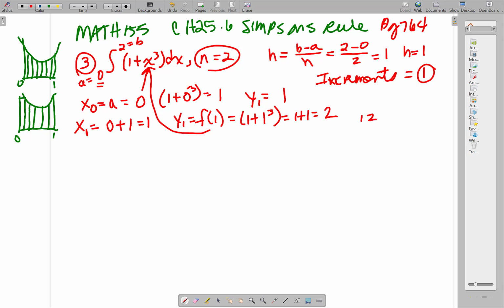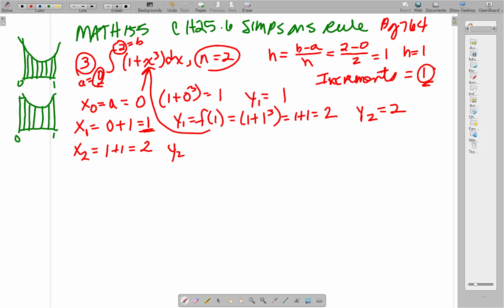Now what's our next x going to be? You always take what you had before and add the increment of 1: 1 plus 1, and we get 2. Notice that's our higher limit. So we started at 0, had an increment of 1, and then went up to 2, and that will be our last one.